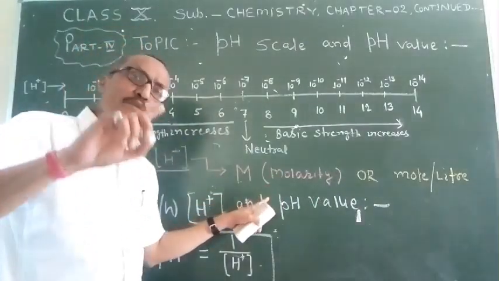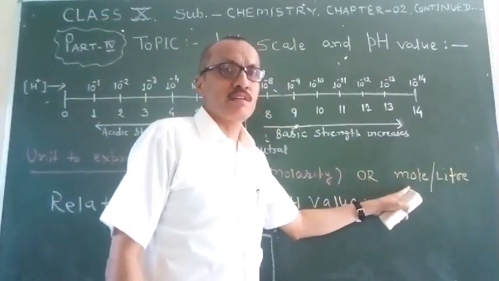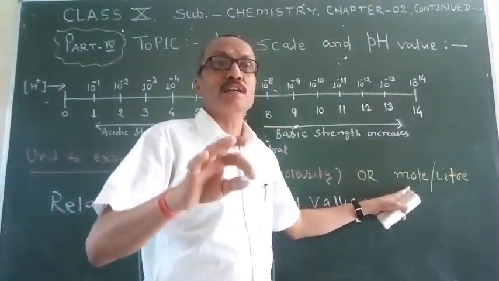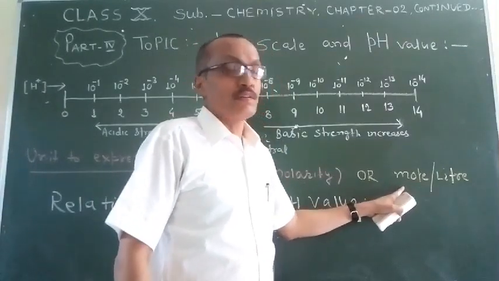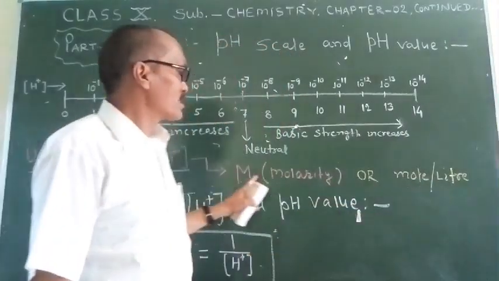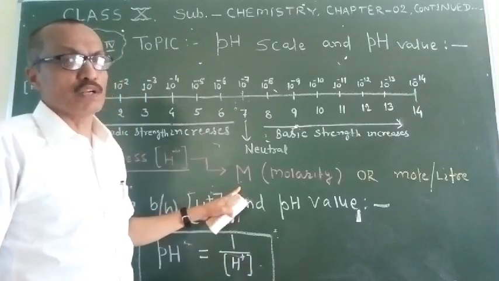Molarity is defined as number of moles of solute present in 1 liter of the solution. So unit of concentration is mole per liter, or simply you can say M stands for molarity.